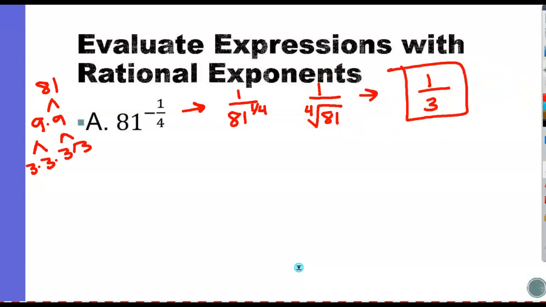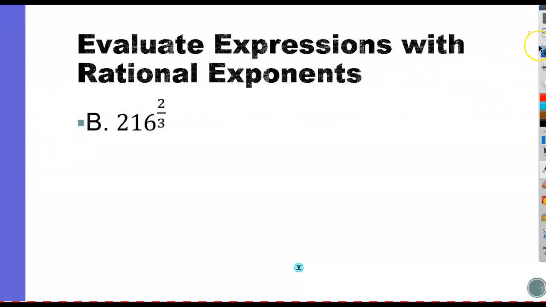Okay, let's try another one. Let's evaluate this one, 216 to the power of 2 over 3. So hopefully you're recognizing something at this point. Hopefully by now you know that 216 can be rewritten as 6 to the 3rd power.